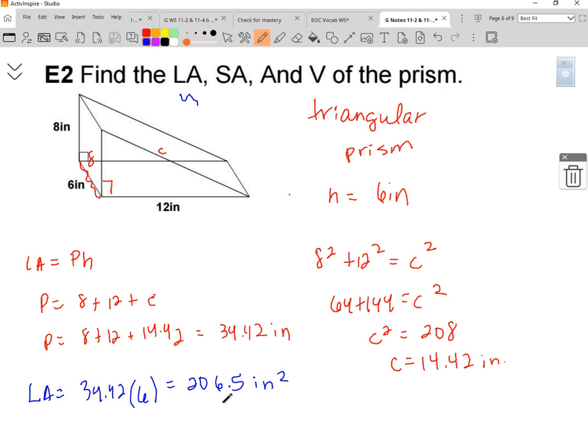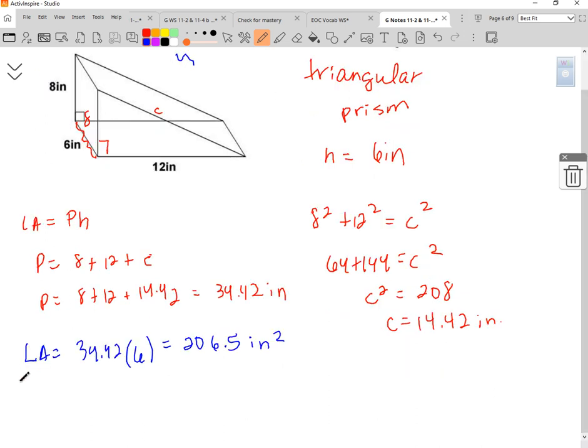Okay, so the surface area, two times the area of the base. So base times height divided by 2, so we can just use base times height plus perimeter of the base times the height. So the surface area equals, remember this is base times height of the triangle.